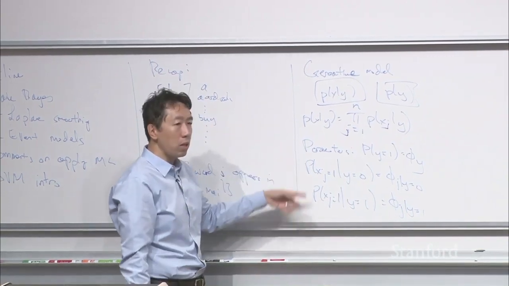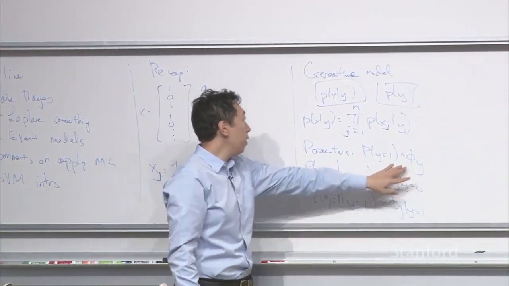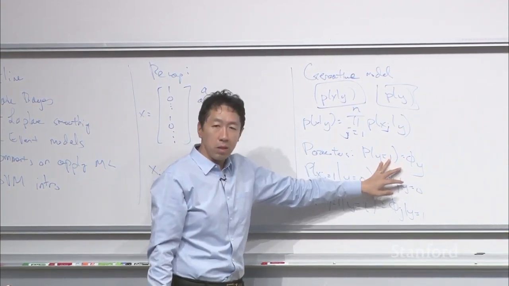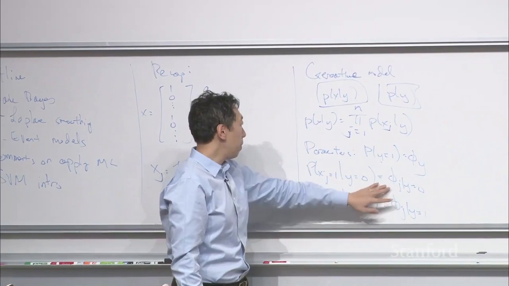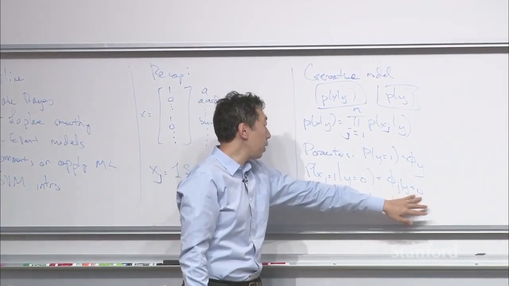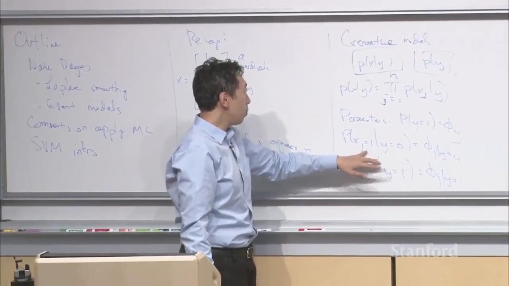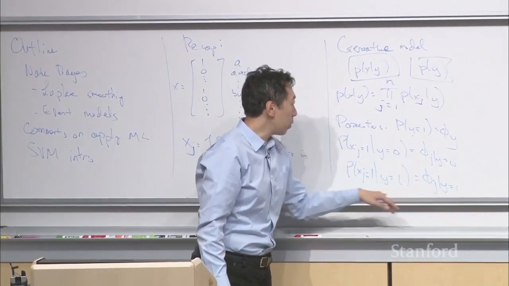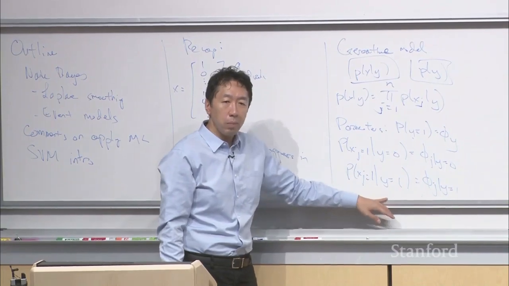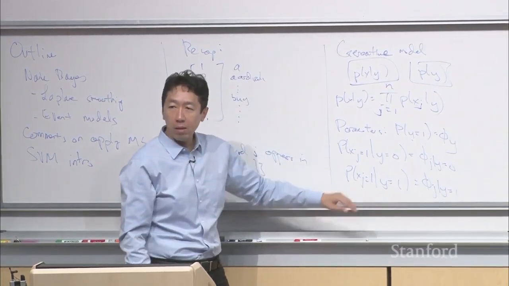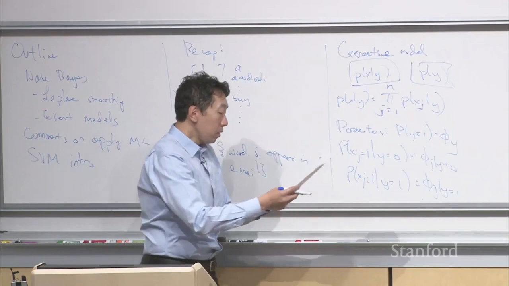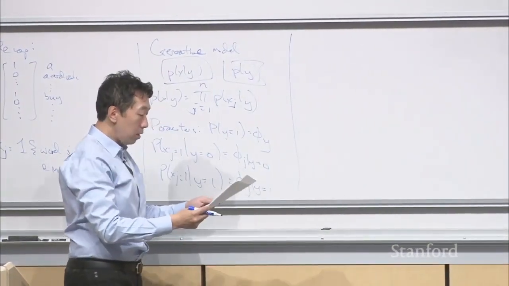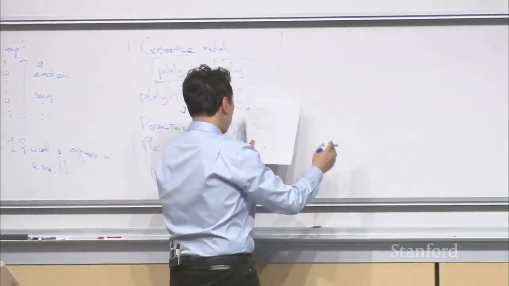And so the parameters of the naive Bayes model are phi subscript y, the class prior: what's the chance that y is equal to 1 before you've seen any features? As well as phi subscript j given y equals 0, which is the chance of that word appearing in a non-spam email, as well as phi subscript j given y equals 1, which is the chance of that word appearing in a spam email. Okay?